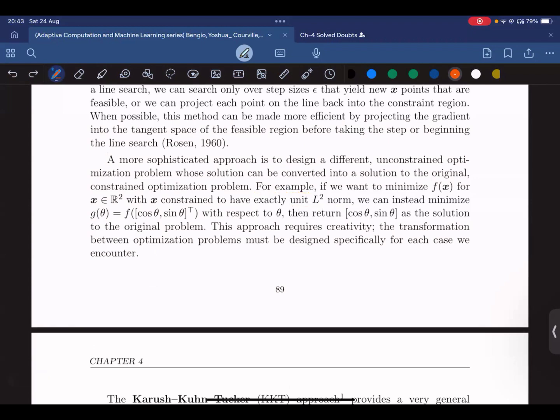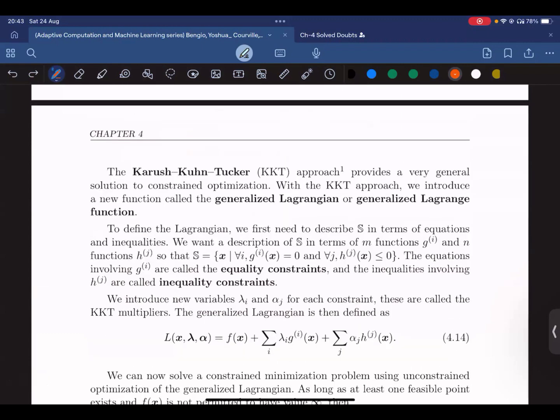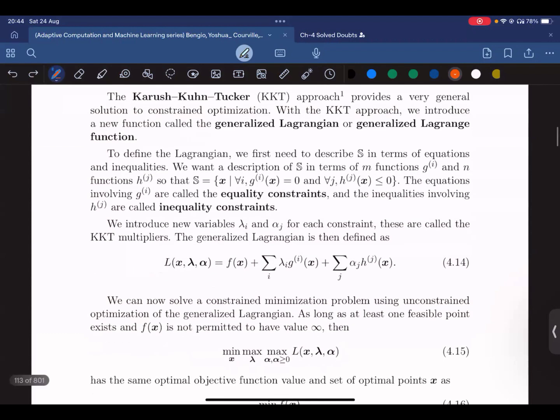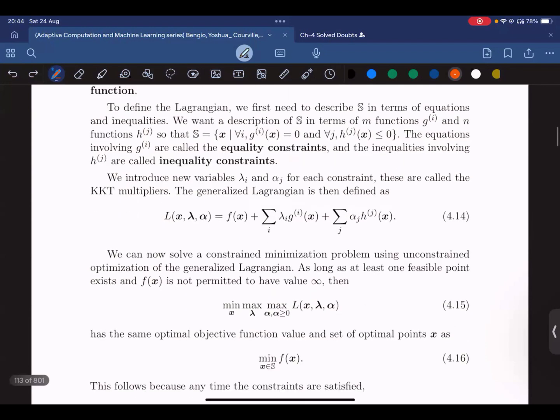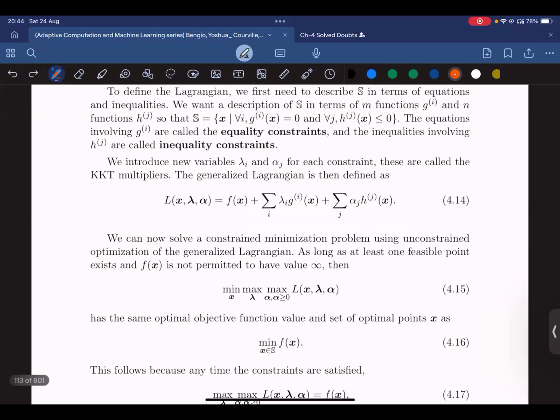But for a general approach to solve problems, we have the KKT approach. What KKT is basically doing is, if our set S can be represented with some equality constraints and some inequality constraints, then we can try to obtain this quantity, that is f of x plus every equality constraint multiplied by lambda i and every inequality constraint multiplied by some lambda j.